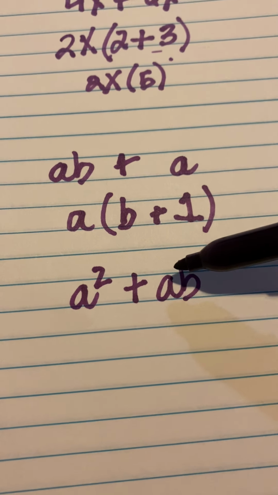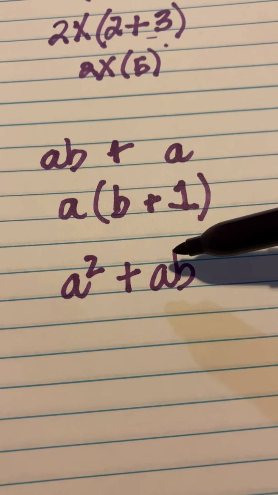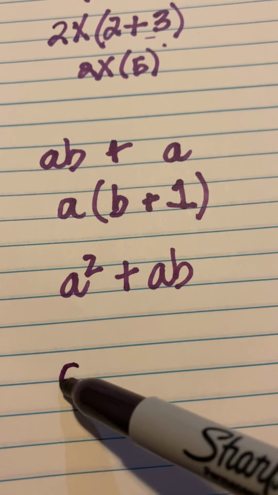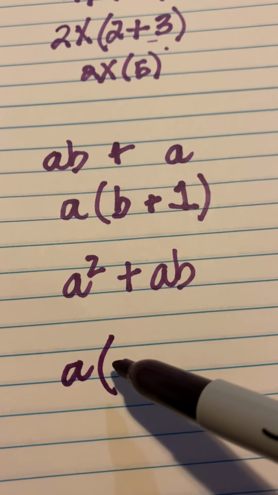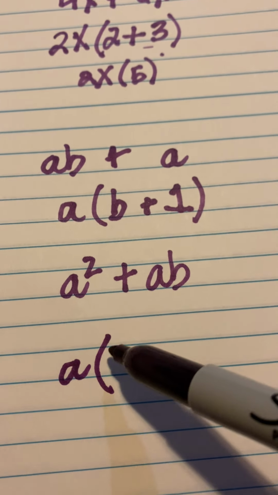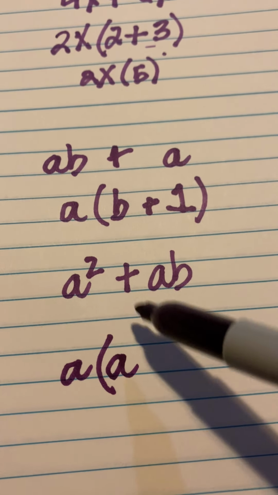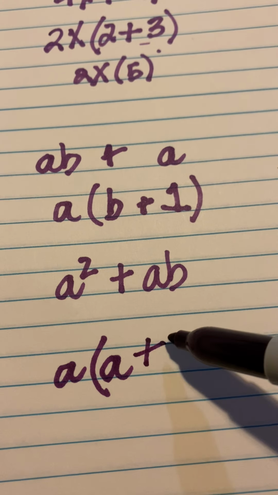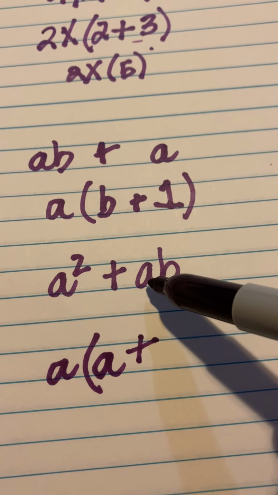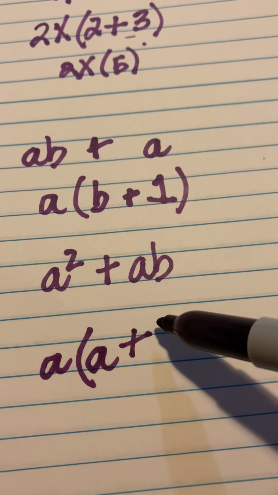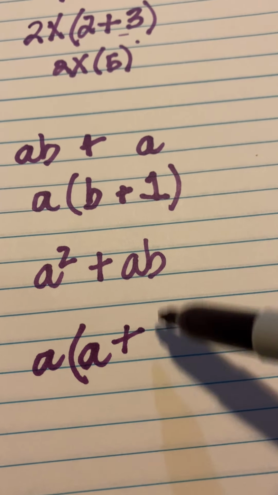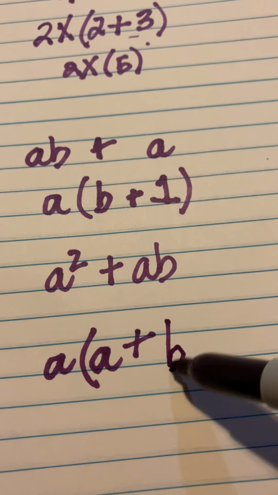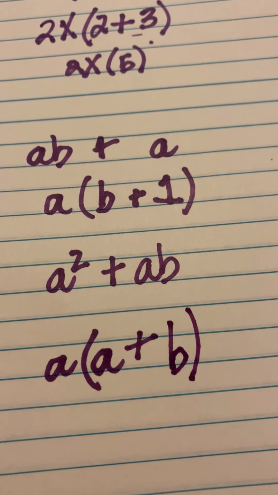Well, the biggest group I can take out is one of the A's. I can't take out 2 from here because I only have 1. So I'm going to take one of the A's out, and here I would have 1 left. So I have my other A. Here I would already have taken out my A, so that just leaves us with the number 1, which we don't need, times B. And that's what we're left with.